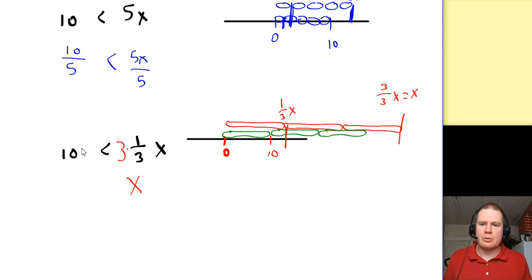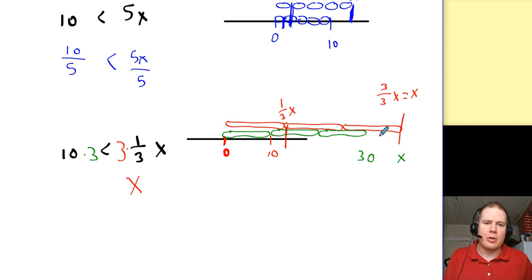Tripling the 10, getting this as times 3, it is moving to the right. It's actually moved past 1/3 x, but it's growing less than the 1/3 x is growing, right? If this expression is bigger, tripling that bigger amount gets me further than tripling the smaller amount.